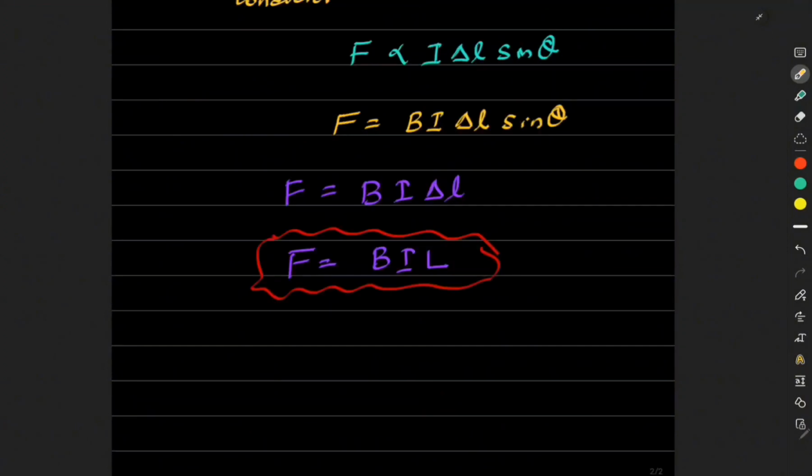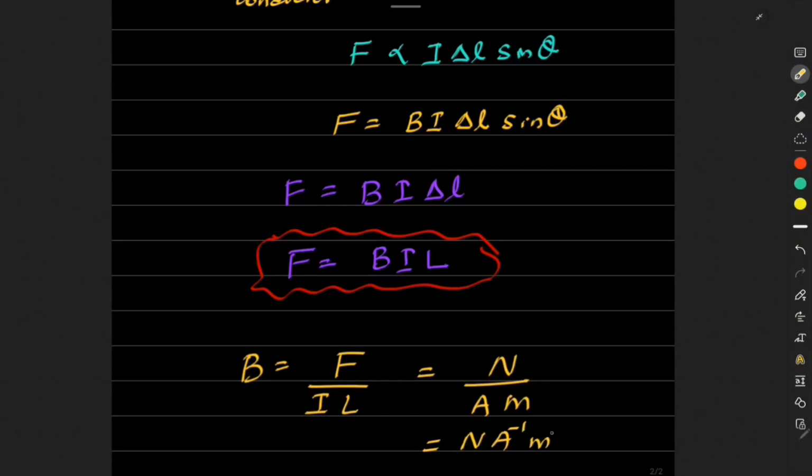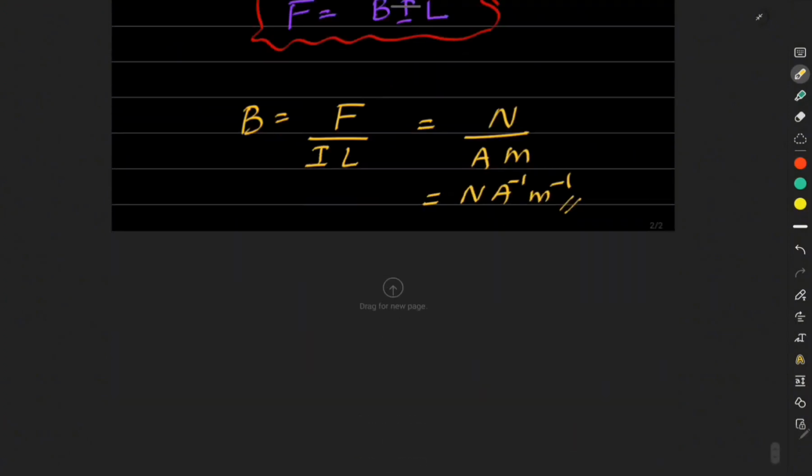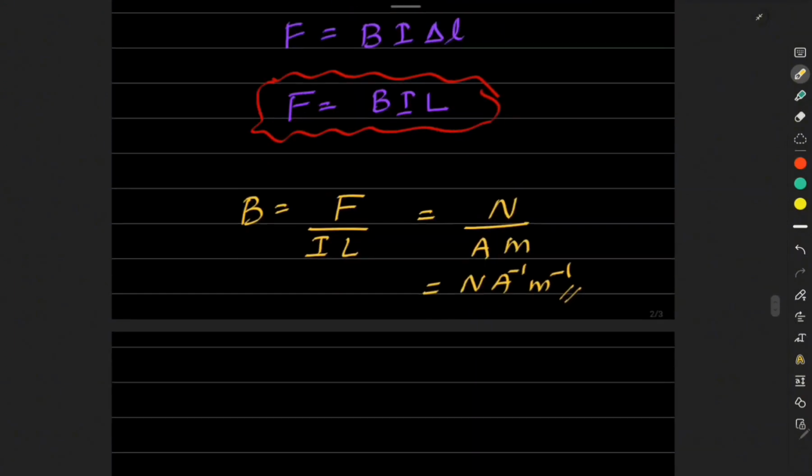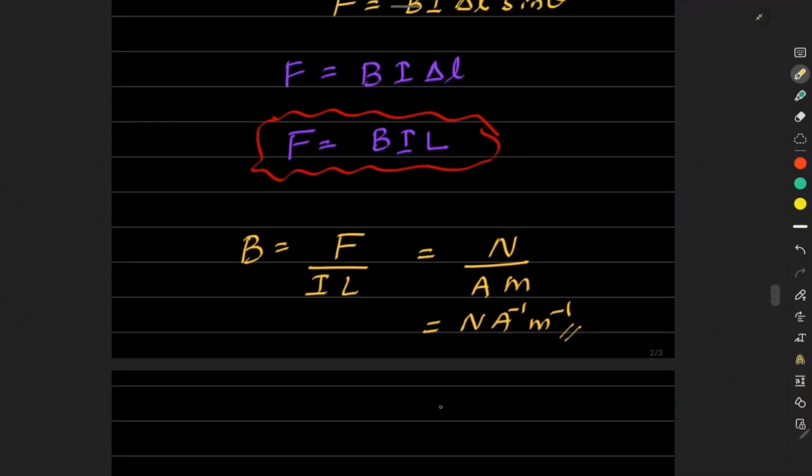The unit of B: B equals F divided by I L. Force is in Newtons, current in amperes, and length in meters. So the unit for B is Newton per ampere per meter. We can call this Tesla, or T.